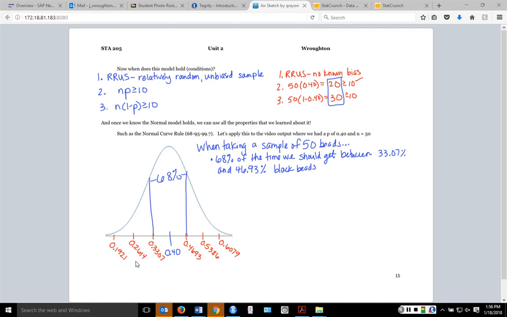Because down here at the bottom, that's telling me my percent of beads that are black. So 68% of the time I should get between this 33.07% and 46.93%.